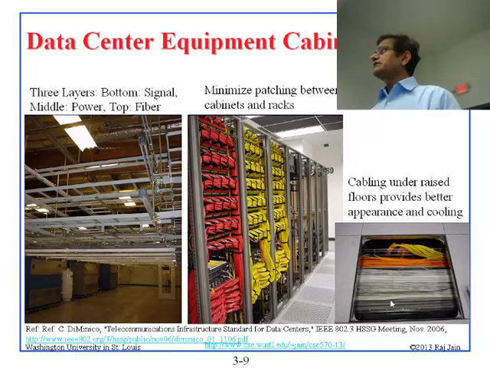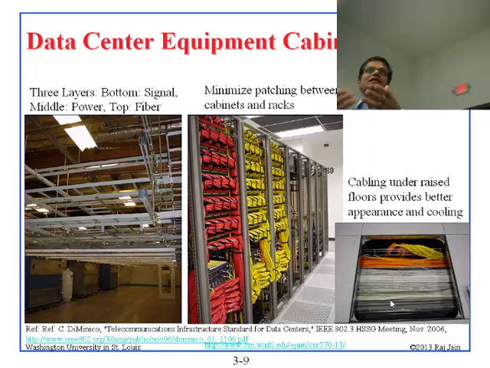Some of the cables, after they come out of the rack, go to the top, and at the top there are 3 layers. The bottom layer is signaling, the middle layer is power, and the top layer is fiber. So what is signaling? Signaling is Ethernet.